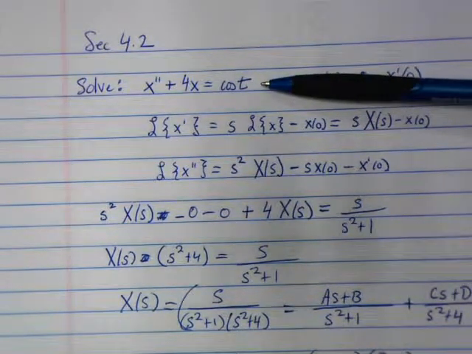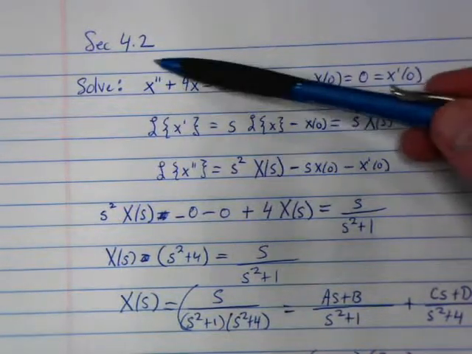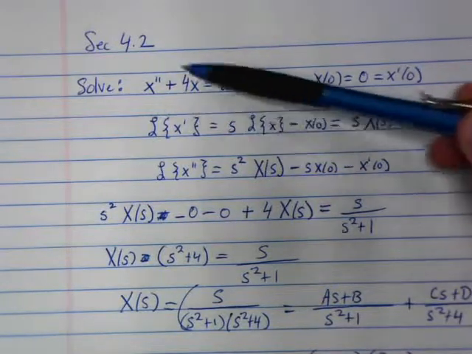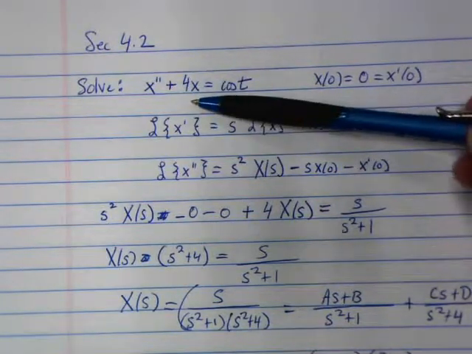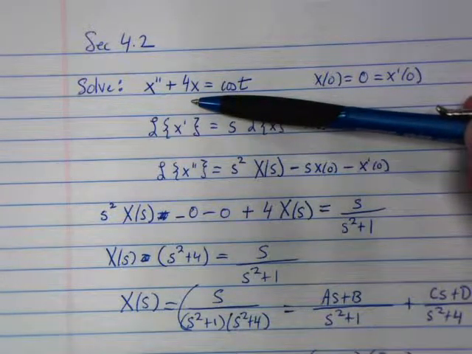We'd have found the r's, which means we would have solved the complementary equation. And the complementary equation would have had r squared plus 4. So it's 4i, so we would have had a cosine 2t and a sine 2t.